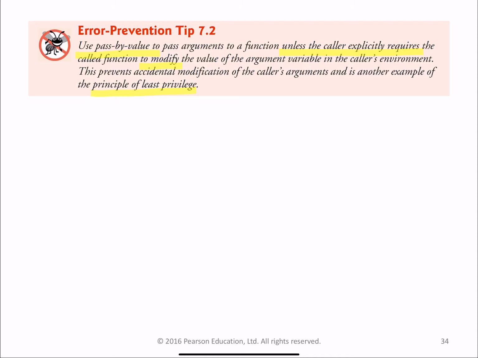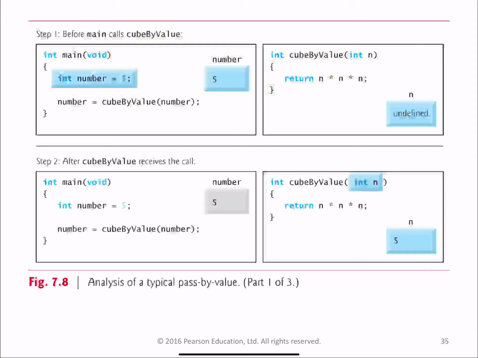You should pass it by value. This is also called the principle of least privilege. Basically, you should give functions only as much freedom to change or as many rights to access data elements as are needed. If a called function should not make changes to an argument variable, you shouldn't pass it by reference unless you have some other good reason. But it should be avoided.